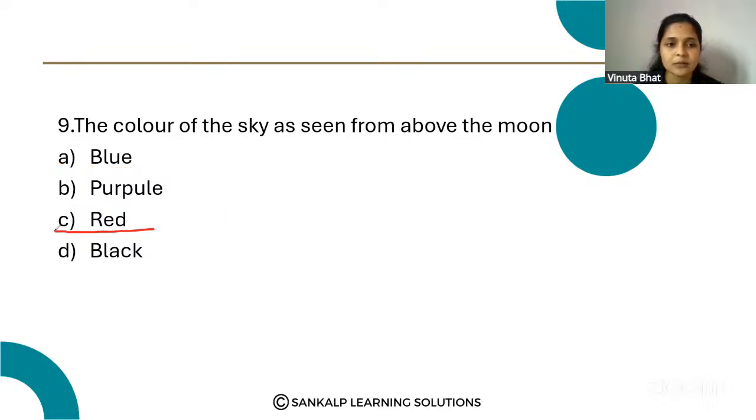What is the reason? Because there is no atmosphere on the moon for the scattering of light. If the scattering of light is absent, then no blue or other color dispersion takes place. So option D, the black color, is seen when you observe the sky from the moon. Option D is the correct answer.